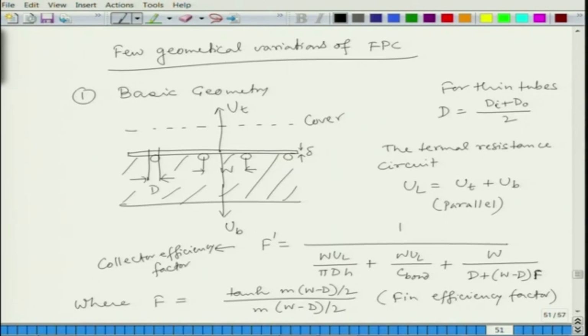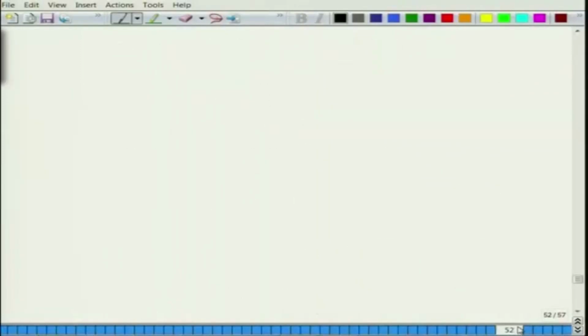Okay. So, we have written nothing new. This is the expression we derived over the last few lectures, 2-3 lectures. And here this m square is UL divided by k into delta.